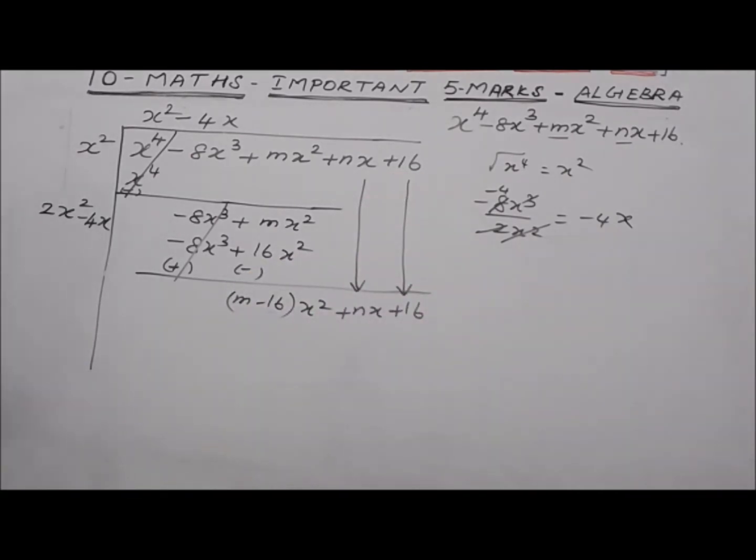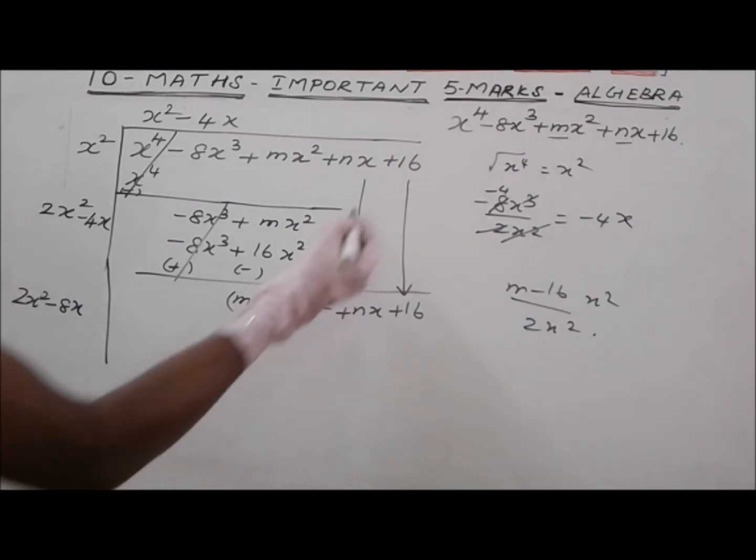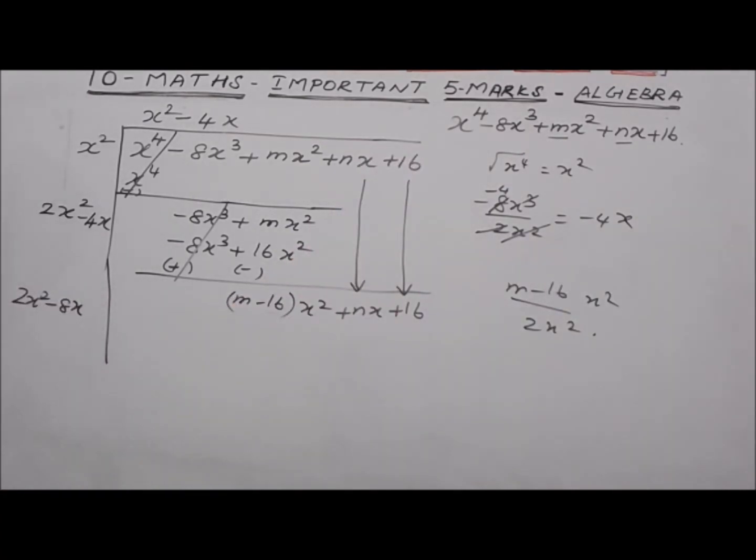Now 2x square, multiply the second term by 2, that is minus 8x. Now look at the last term here, that is 16. The square root of 16 is 4.